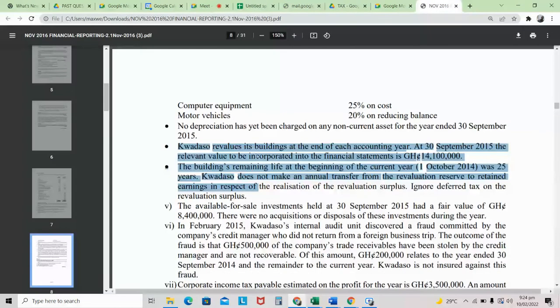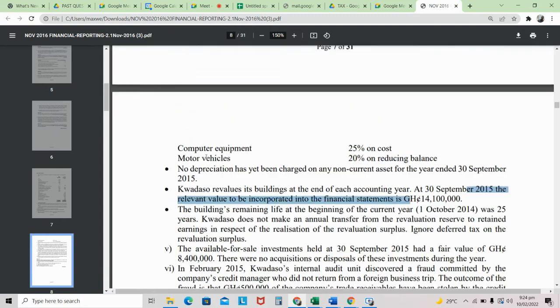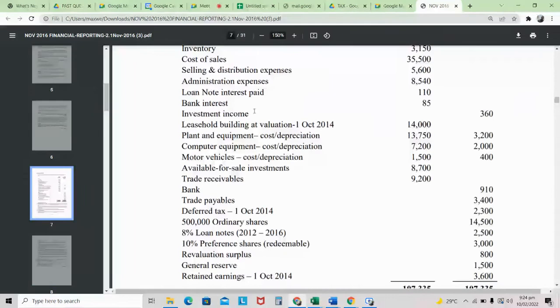So the note is saying that at the end of the current year, when they did the revaluation, they got 14,100,000. But last year, when they did the revaluation, which is this figure, that's why you can see 1st October, it means this is the figure for last year.